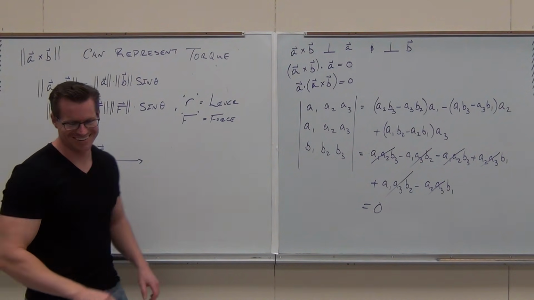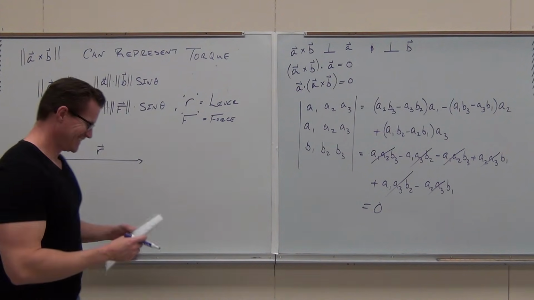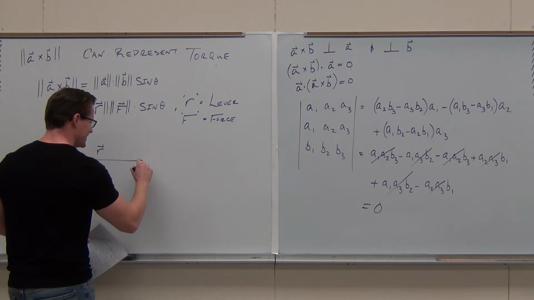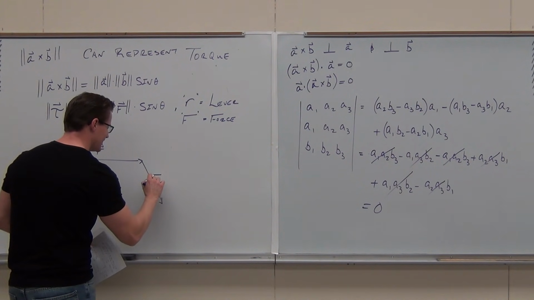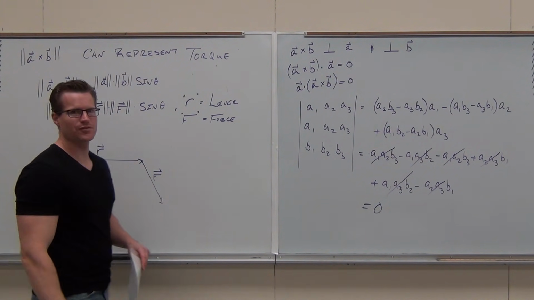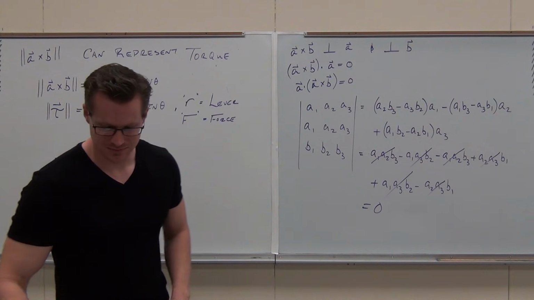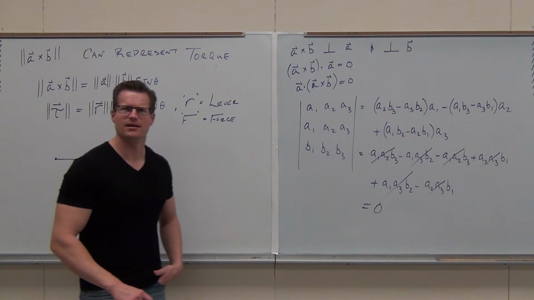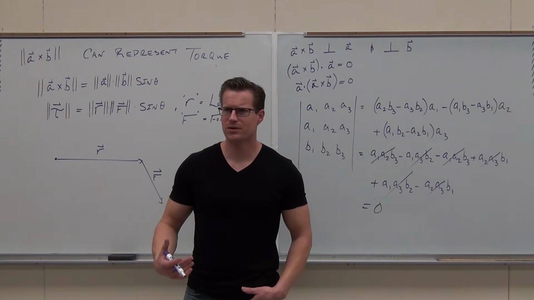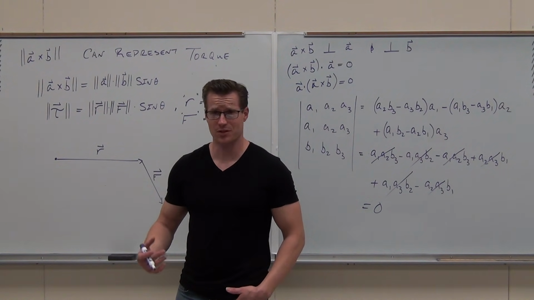And we're going to be applying some sort of a force. And you go, wait a minute, this doesn't quite look like our typical torque situation, because what we want is a cross product.